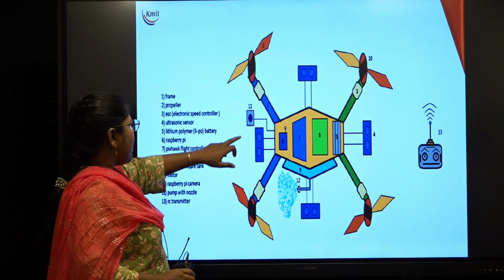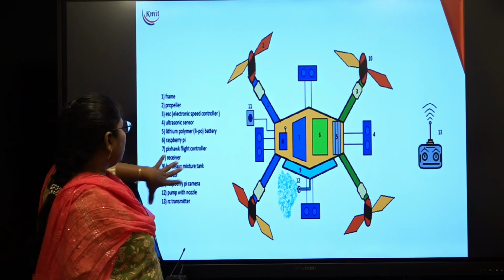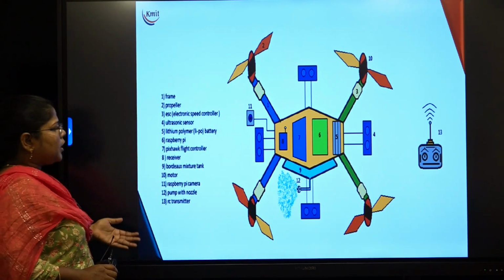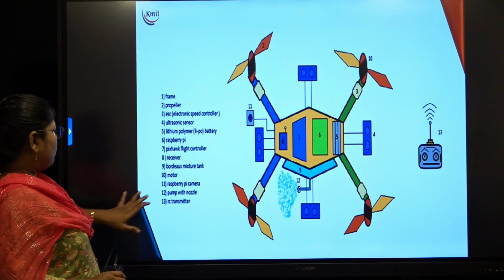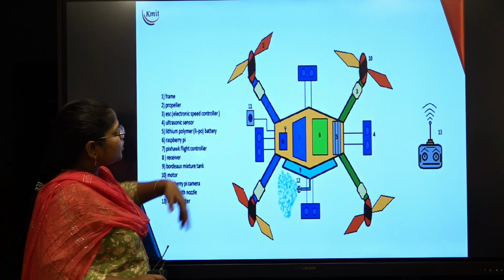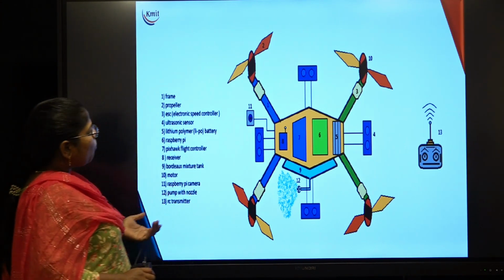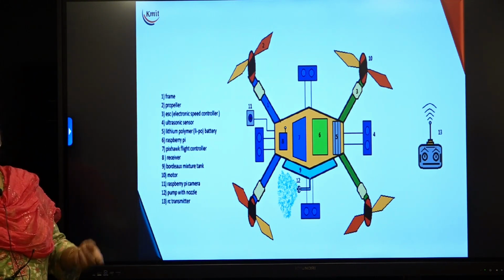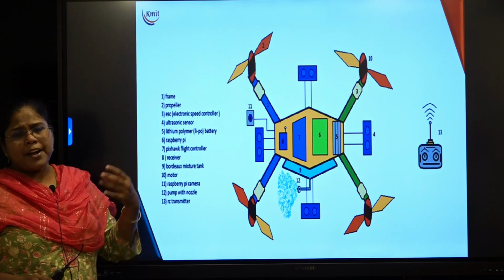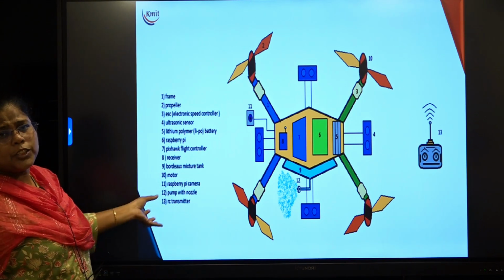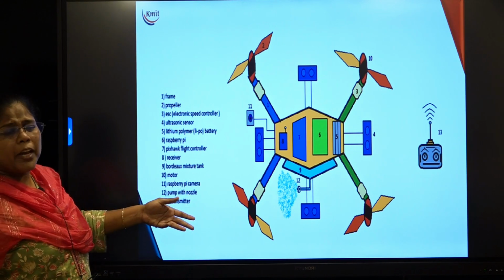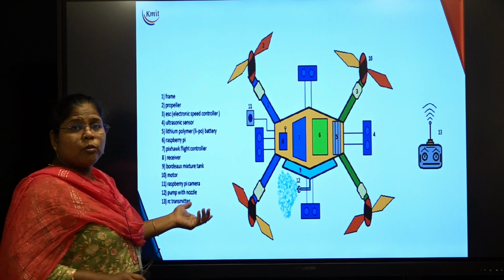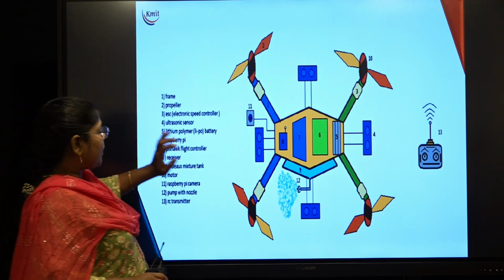The RC transmitter sends the signal in one direction. We have cameras to observe. We also have a mixer tank, in which we can add a pesticide, so that this drone can be used as a pesticide spraying drone for agriculture.